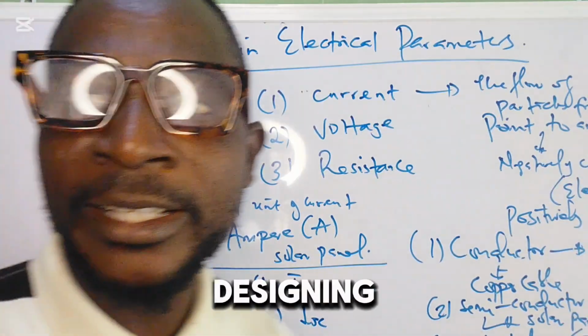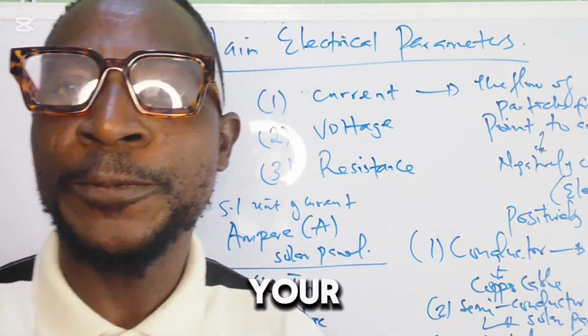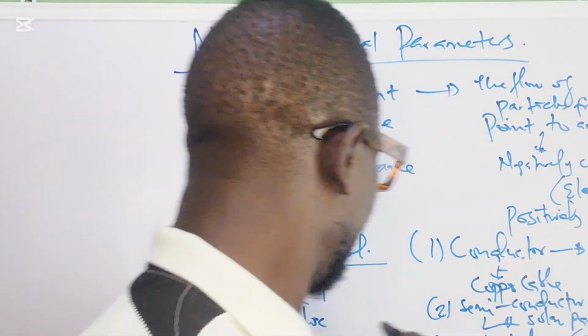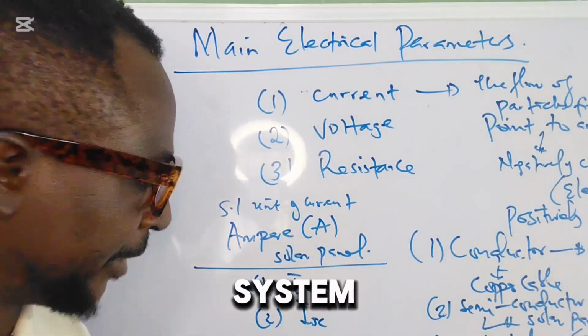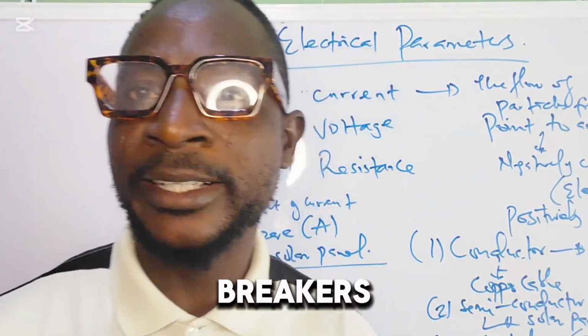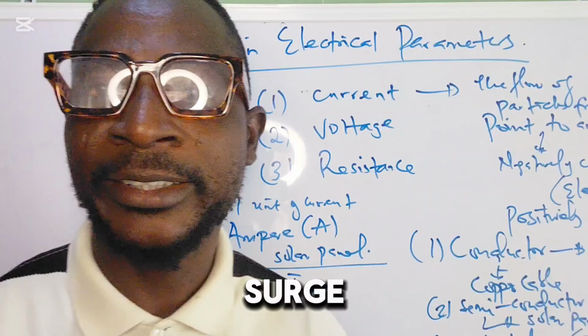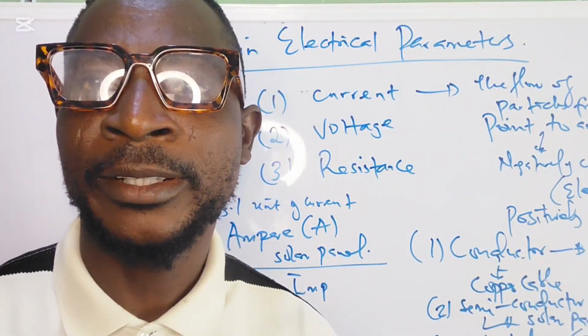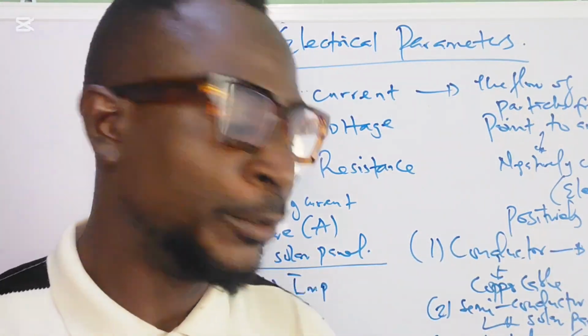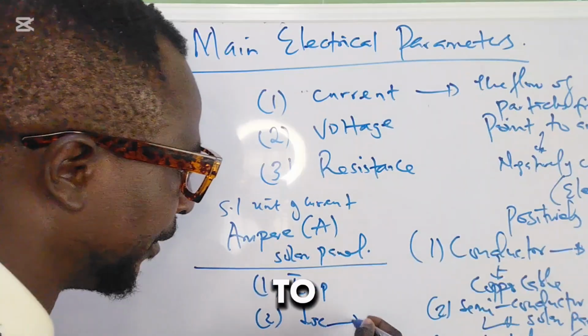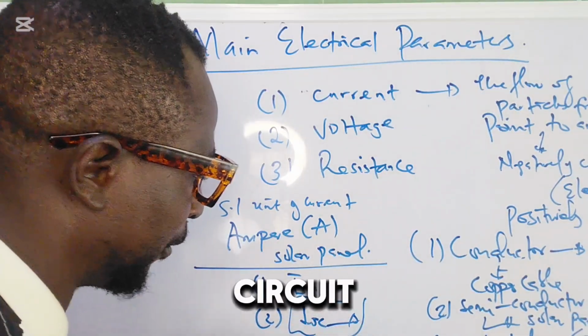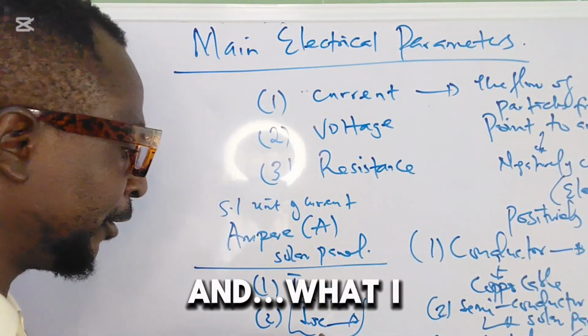And if you are designing your equipment for your solar system setup, let's say your breakers, your surge arresters, your cables, you should mainly pay attention to this short circuit current. And what is even the short circuit current?